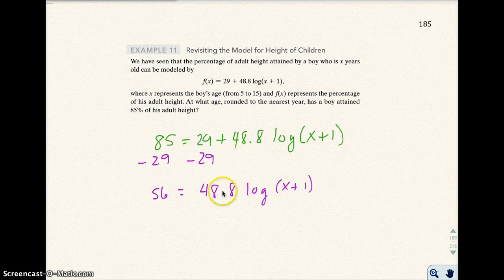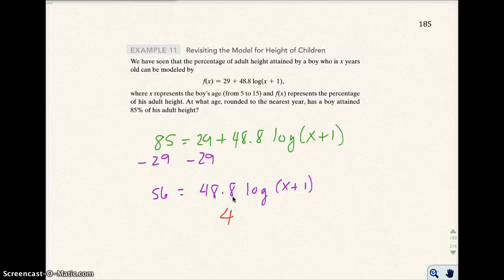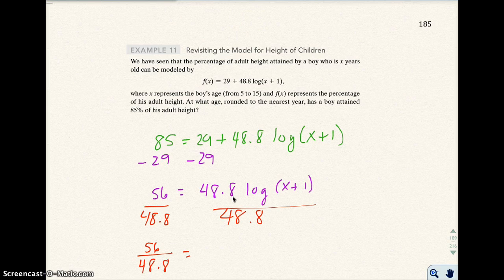Now I'll get rid of the 48.8, so I'm going to divide both sides by 48.8. I don't get a really nice number when I divide 56 by 48.8, so I'm going to leave this alone, because I get some really long decimal.